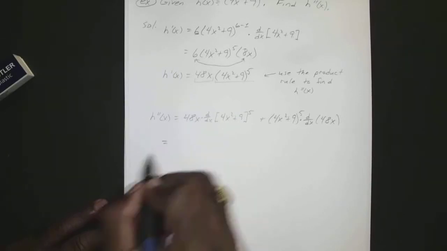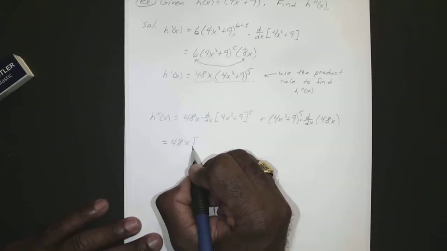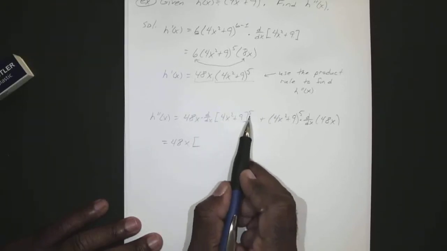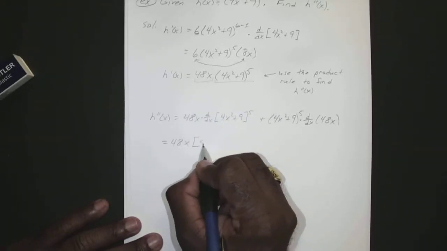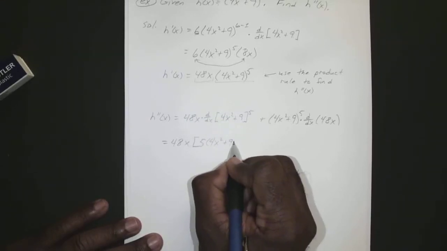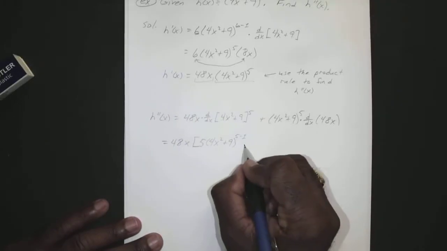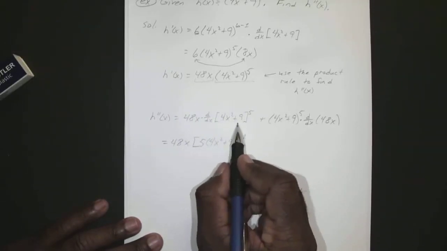All right. So that's going to equal 48x times the derivative of this. You're going to bring down the 5 times 4x squared plus 9. And then we subtract 1 times the derivative of what's inside.